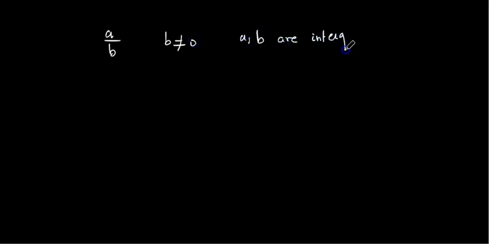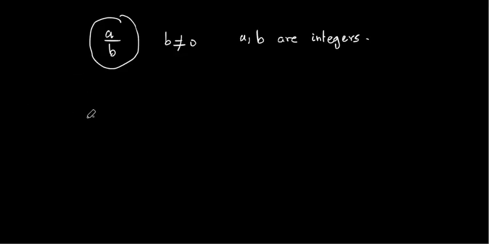Any number which can be written in the form of a over b, where b is non-zero and a and b are integers, is called a rational number. So any recurring decimal can be converted into this fraction form. Let's see how we convert them into these fraction forms.